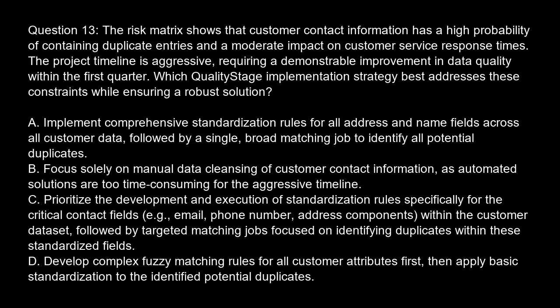Option C. Prioritize the development and execution of standardization rules specifically for the critical contact fields, e.g., email, phone number, address components, within the customer dataset, followed by targeted matching jobs focused on identifying duplicates within these standardized fields. Option D. Develop complex fuzzy matching rules for all customer attributes first, then apply basic standardization to the identified potential duplicates.